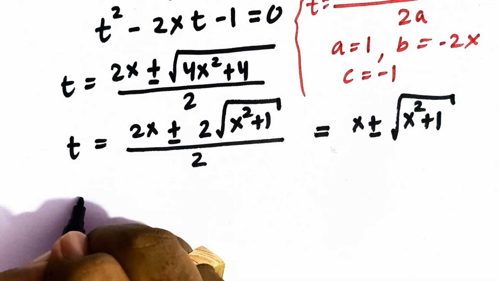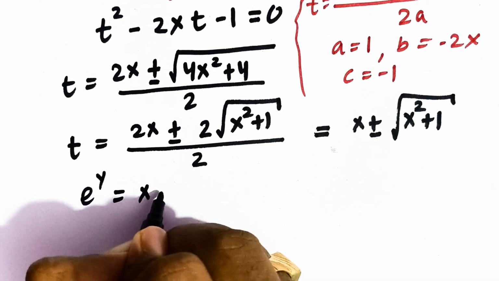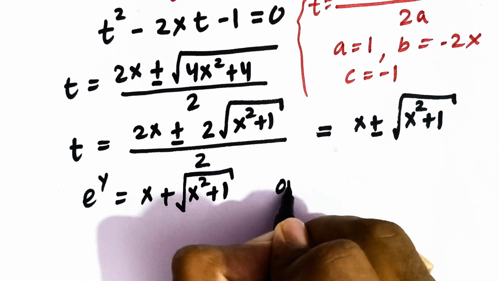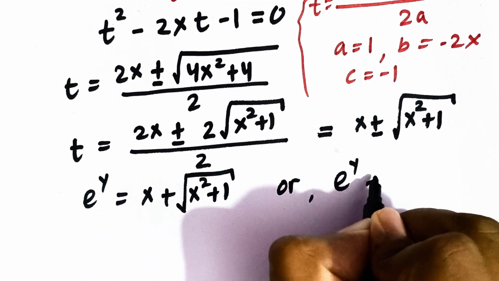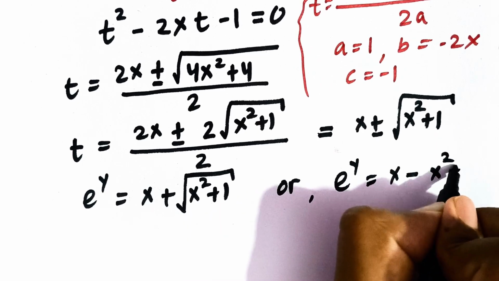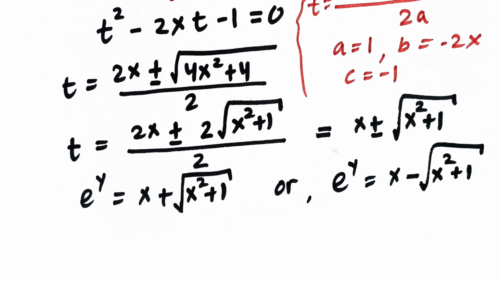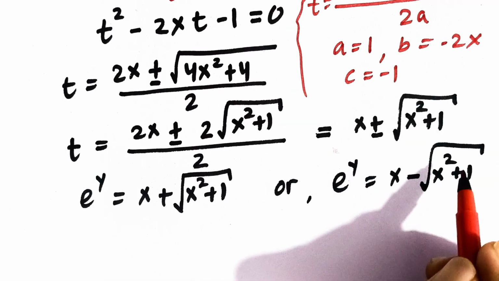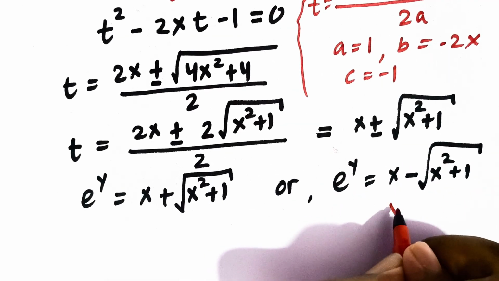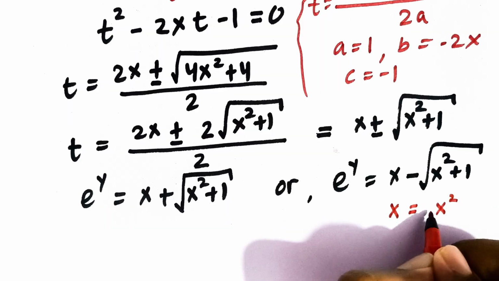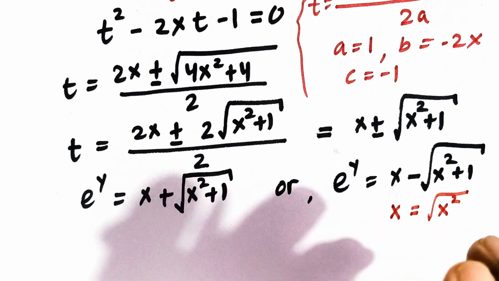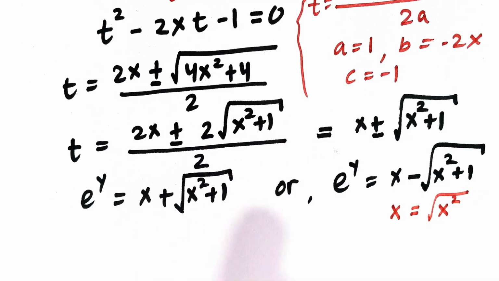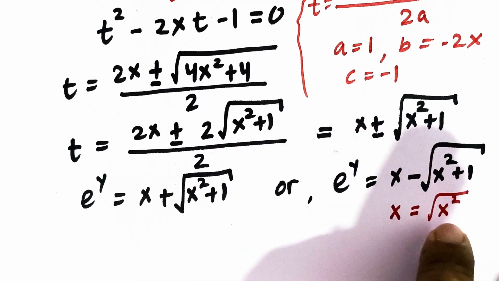Note, what is t? t is e^y. It can be either x + √(x² + 1), or our e^y is x − √(x² + 1). Note, this quantity is negative because √(x² + 1) is bigger than x. Why? We know x equals the square root of x², if x is positive, let's for now assume that x is positive.